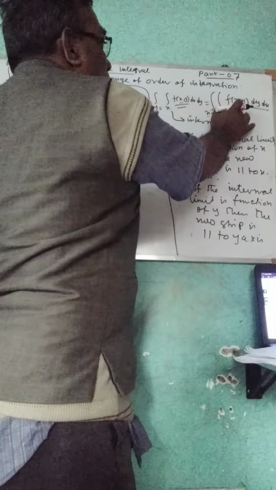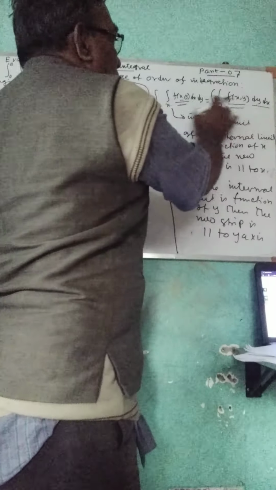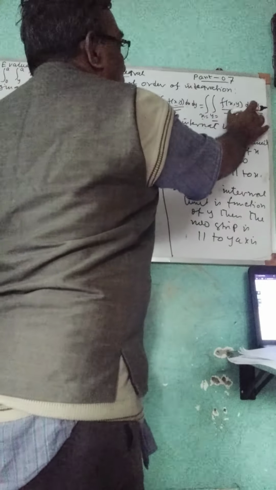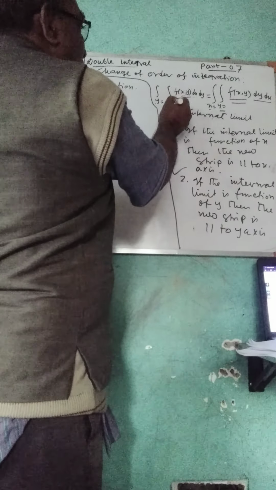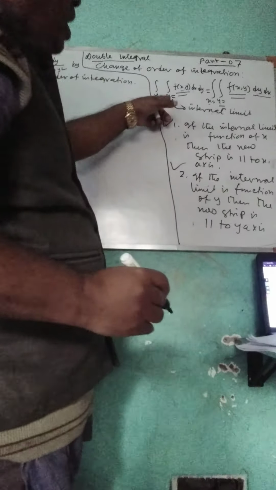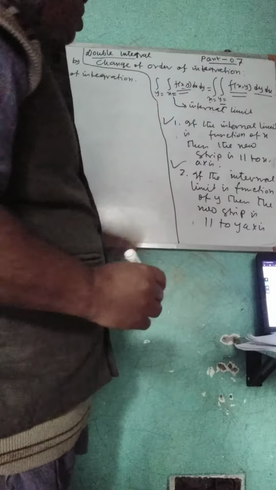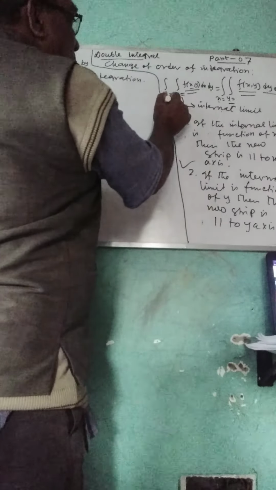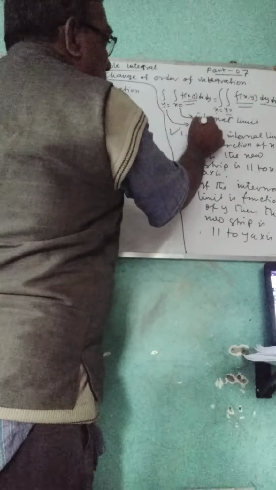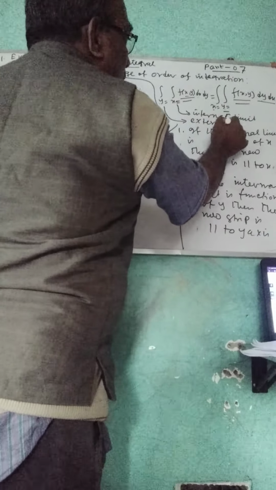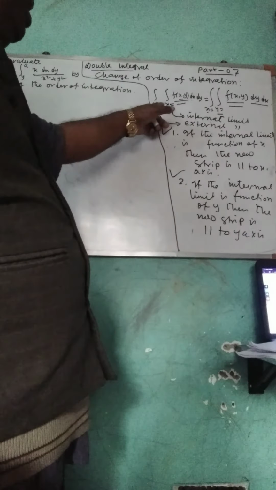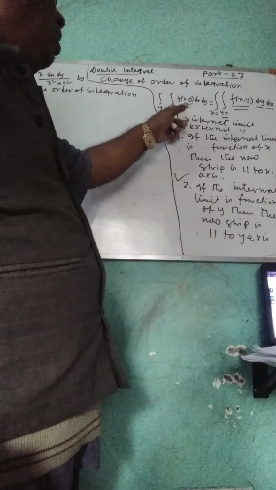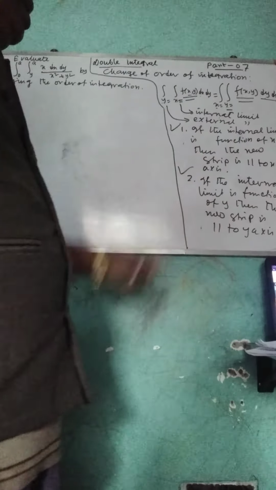After changing the order of integration, it will be f(x,y), and dx dy becomes dy dx. The external limit becomes the internal limit, and the internal limit becomes the external limit.